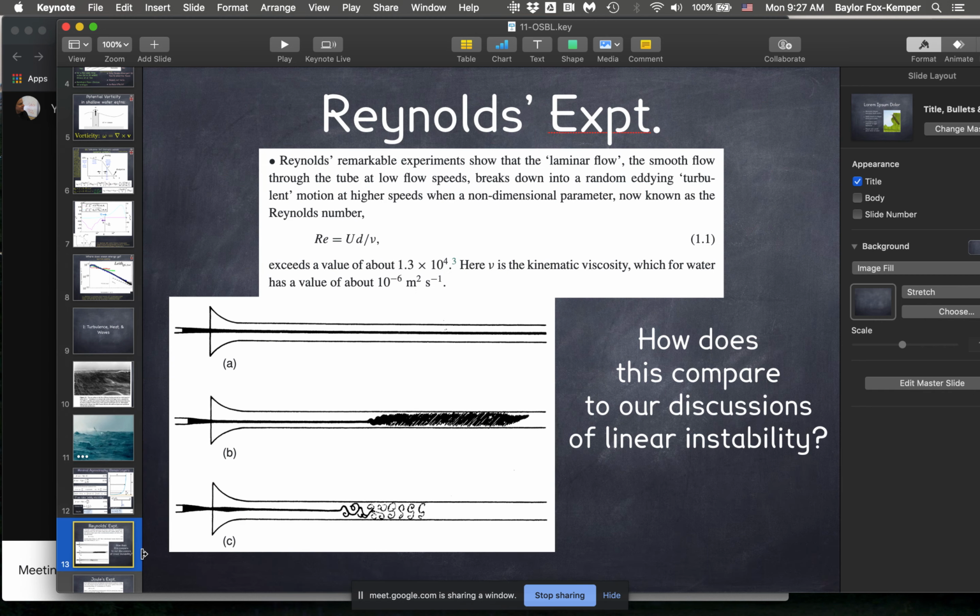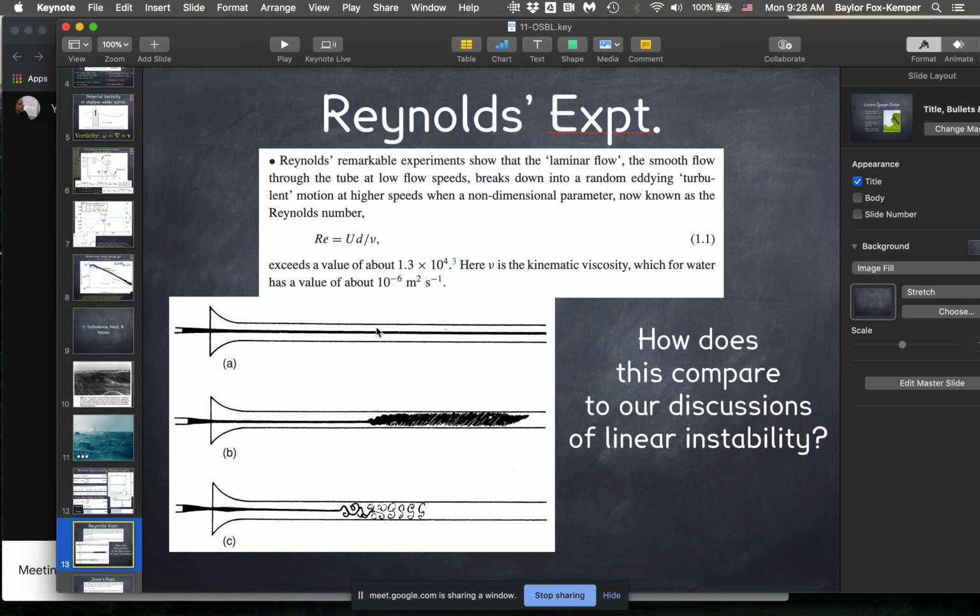Okay, so now let's pick up with what Thorpe talks about. He first reminds us about Reynolds' experiment, which I hope that all of you saw in your basic fluids class. Reynolds, back in the 19th century, did this experiment where he forced flow to go through a long pipe, and he put dye in the flow.